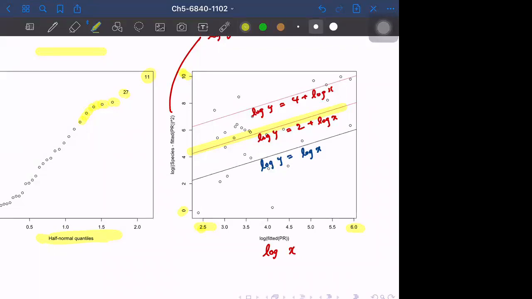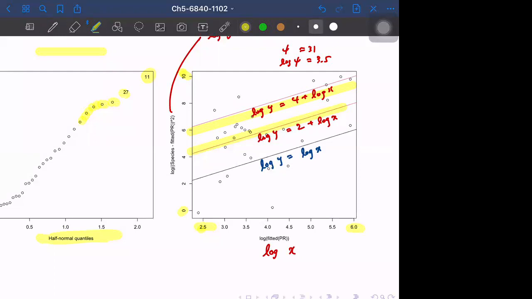The estimated phi is about 31, which we will see later, so the log of phi is almost 4, maybe 3.5 or something. So it is closer to this line, and it's not really intuitive. But remember that we take the logarithm.